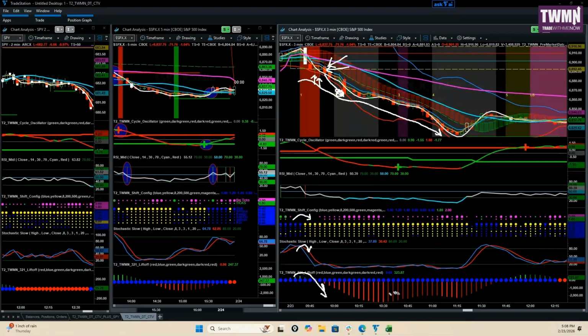It started losing a little bit of steam right here when we went from bright red to dark red bars. But remember, even when you get a loss in momentum on the downside, and likewise on the buying side, the green here, if you got green bars, that's still positive momentum. It just means that it's not as strong as it was.